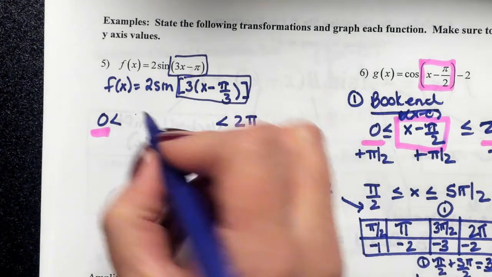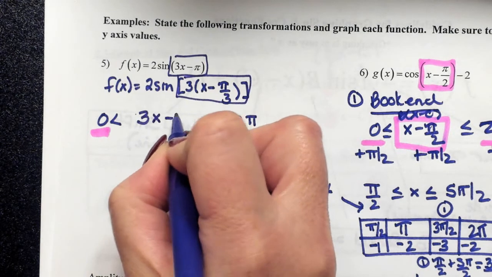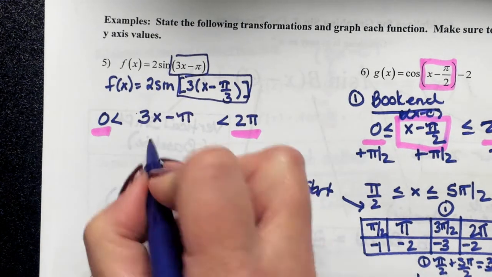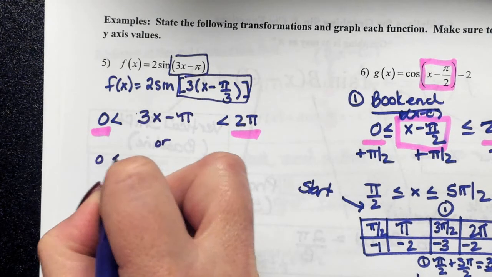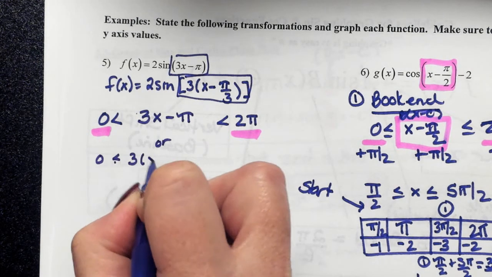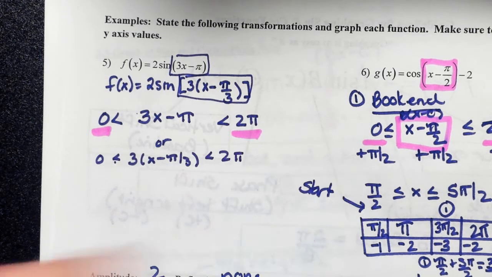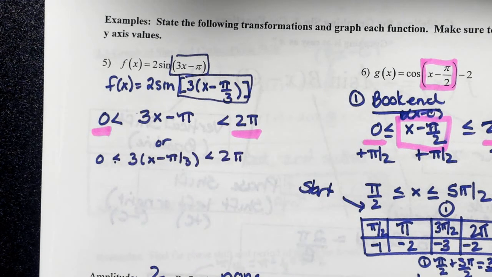It doesn't matter. So for example, I can put that 3x minus pi inside the inequality, or you could put 0 less than the 3x minus pi over 3 less than 2 pi. It doesn't matter. You can get the same answer either way. Okay?